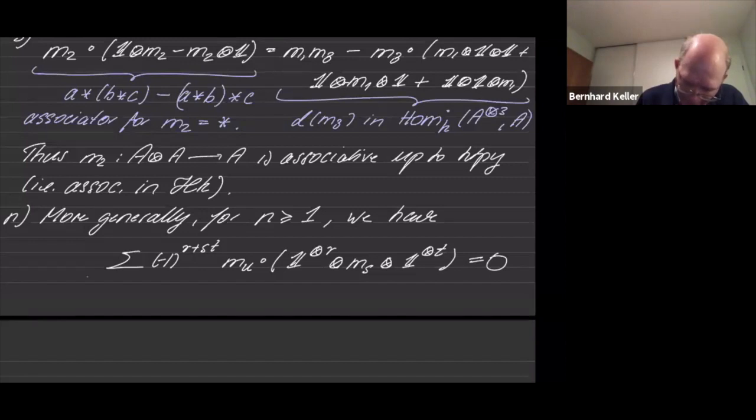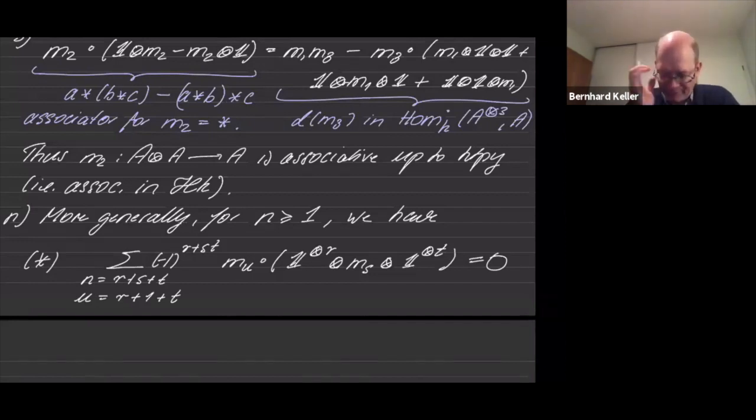N should be the sum of r plus s plus t, and u should be equal to r plus 1 plus t. It's easy to see that this makes sense. This equality generalizes what we have seen for small n.